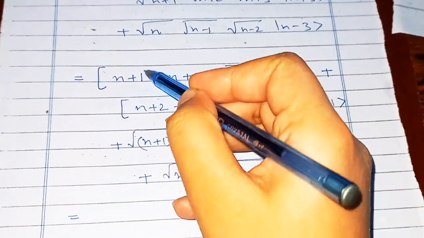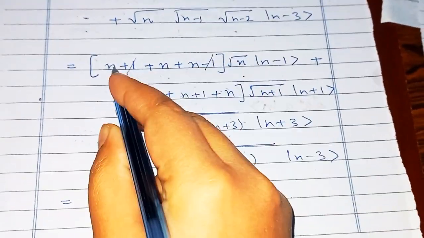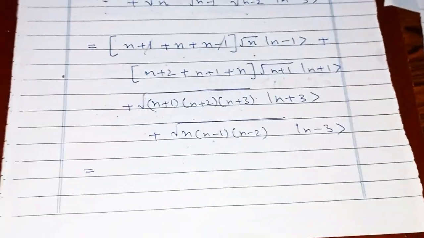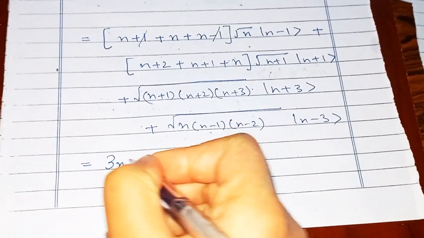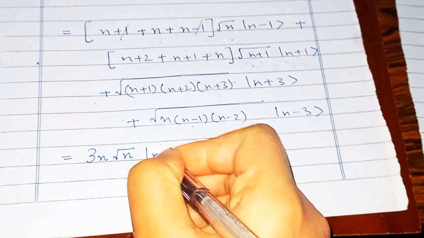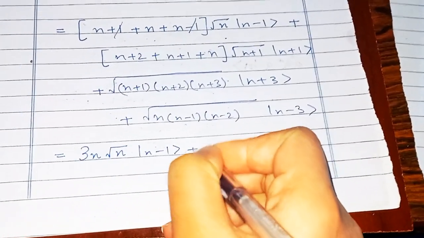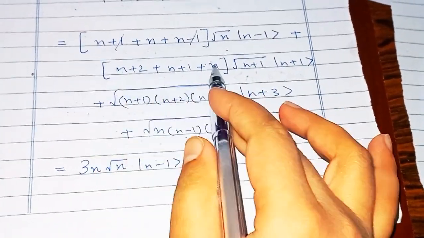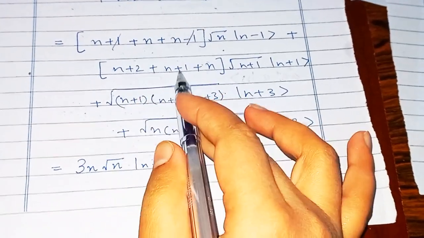We have minus 1 and plus 1, they cancel out. All right, and we have n plus n plus n, which is 3n. So 3n into under root n, and n minus 1 is the cat, plus we have n plus n plus n, which is 3n, and 2 plus 1, which is 3.